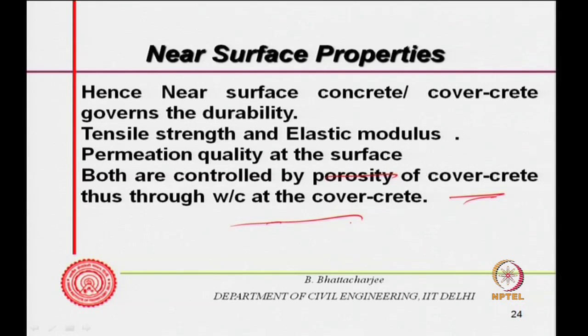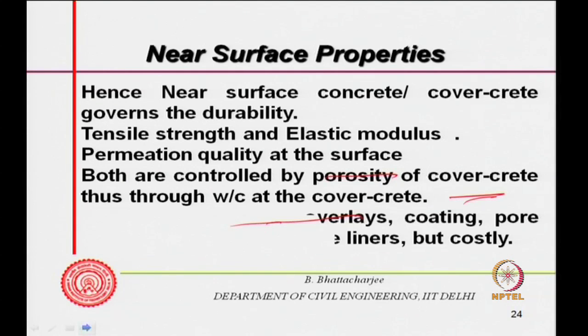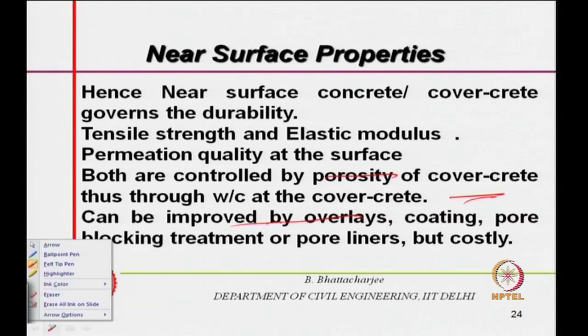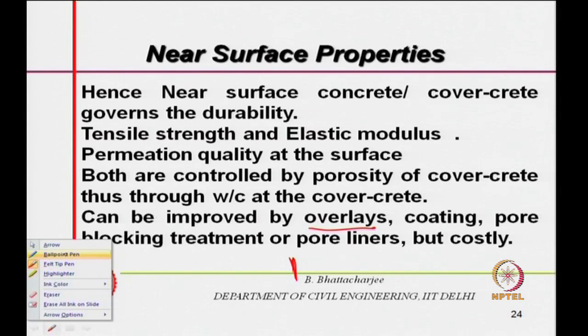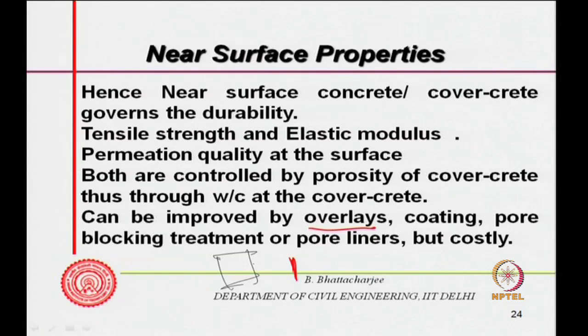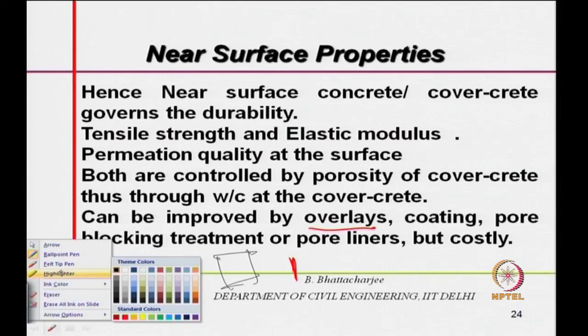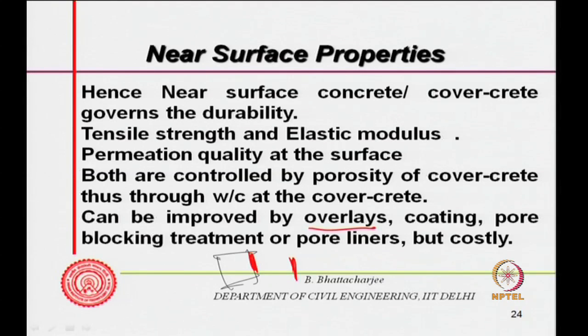But we have no way to really control the water cement ratio of covercrete just like that. There is something which you can do, I will come to that. We can improve the cover concrete by overlays, put a thick layer. This is your original concrete, put a cover layer here. So, that is overlay. Coating: put just a coating here.